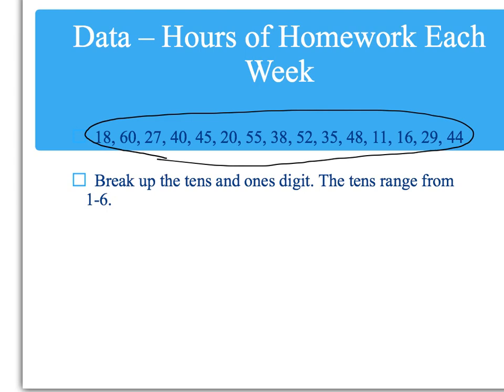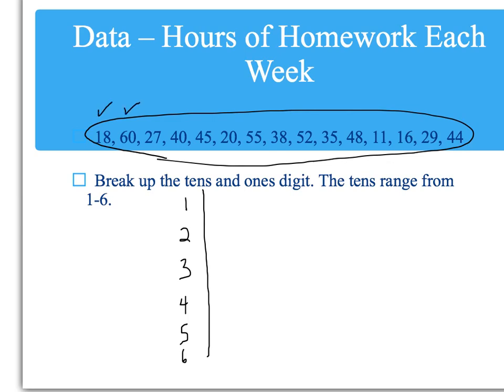You're going to break those values up into a tens digit and a ones digit. The tens digits range from 1 to 6. So we'll write those down, we'll draw a line, and then we'll go through and represent each of those values.